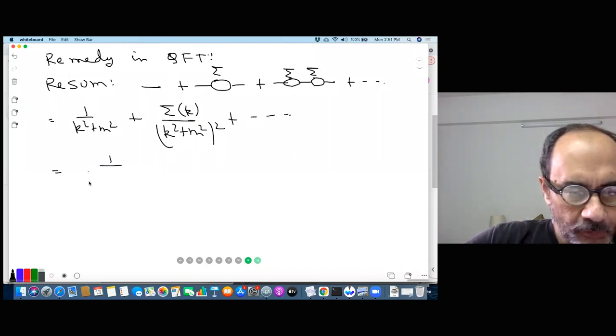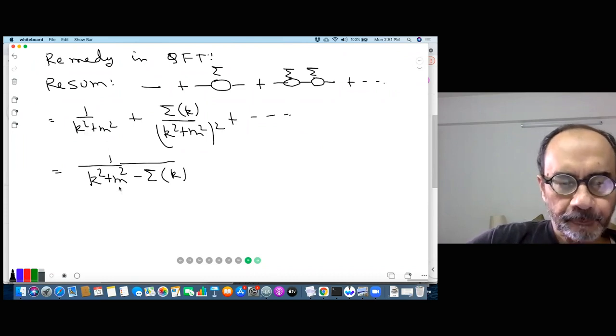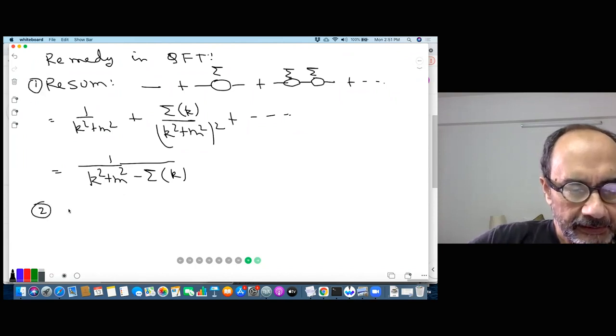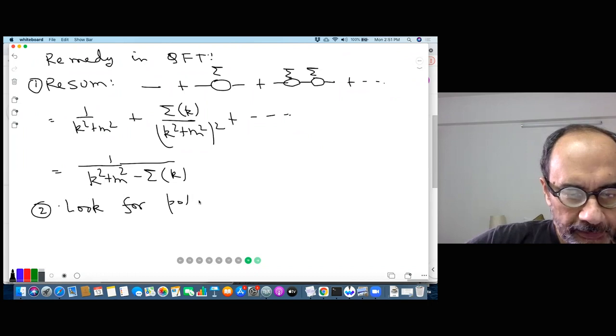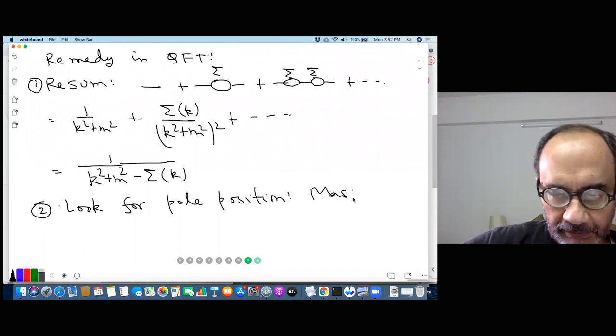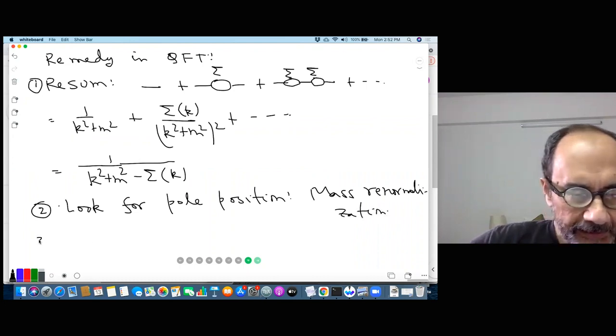So roughly this is 1 over k^2 plus m^2 minus sigma of k. So you have to first resum the external propagator by keeping this off shell. Then look for the pole position. This will be a mass renormalization, because the pole position will shift. And then we finally apply LSZ to calculate the S matrix.